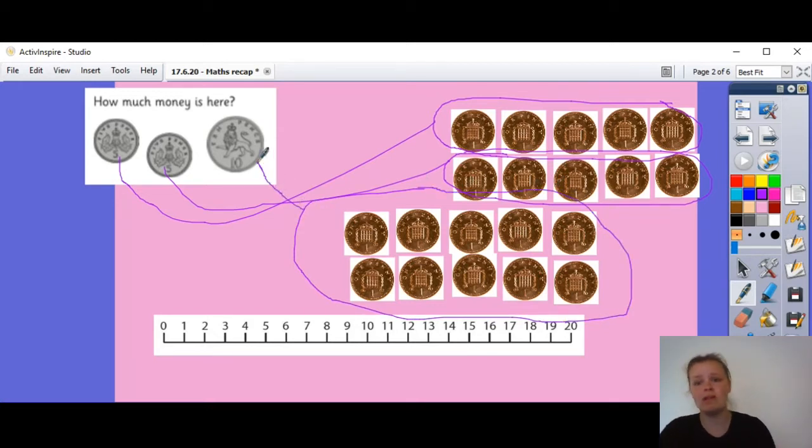So now all we need to do is count up how many ones we have to see how much these are worth. Actually, you count them and then we'll count all together. How many ones do I have there altogether?